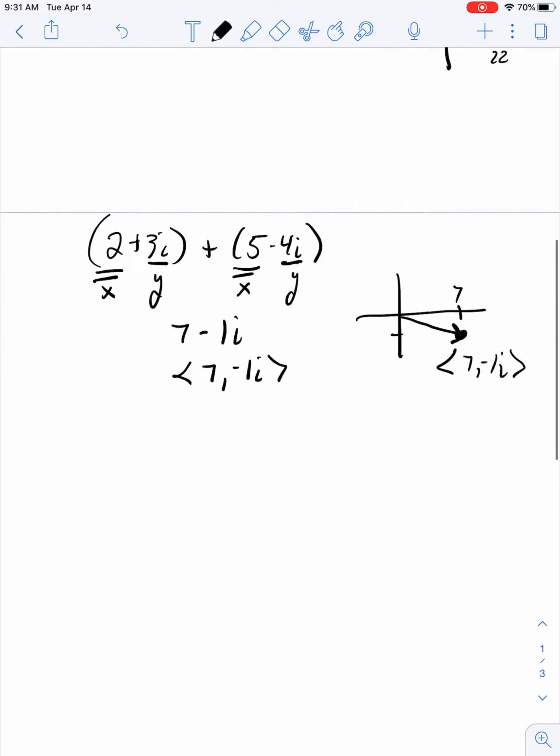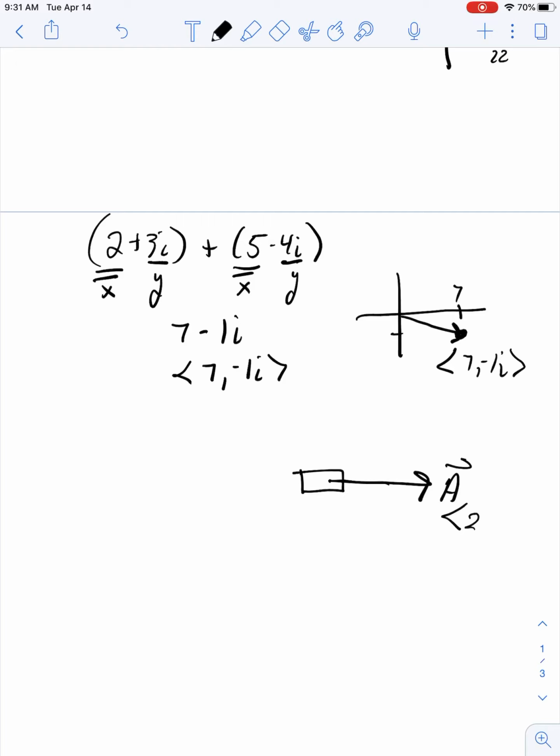Again, not putting any context to this yet. We're just doing the math this year. But if you have two components, let's say this is your A, let's say this person is pulling an object here, let's say a sled, and that is 2 comma 3i. And you have another person over here pulling 5 comma negative 4i.